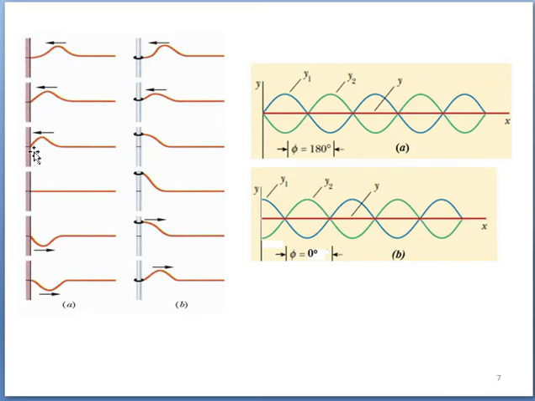That is, the string will exert a force equal to the tension in the string on the wall, but this string cannot move the wall up. So what happens? The wall will exert an opposite force of equal magnitude on the string, and that results in a pulse sent back through the string in the opposite direction.